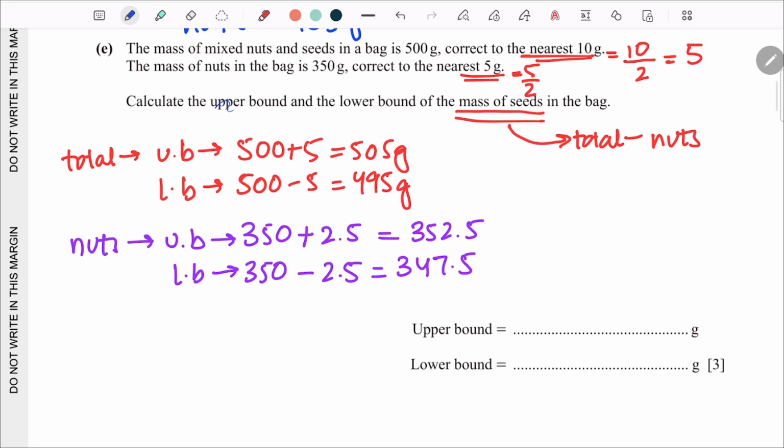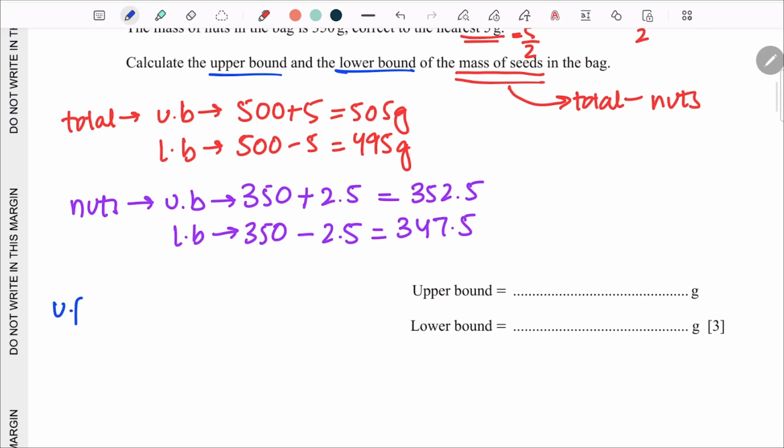Now I have to find the upper bound and lower bound of the mass of seeds in the bag, and the formula is total minus nuts. Now in order to find the upper bound of the mass of seeds, I'm going to be subtracting the upper bound of total minus the lower bound of nuts. Basically, the upper bound means the highest value.